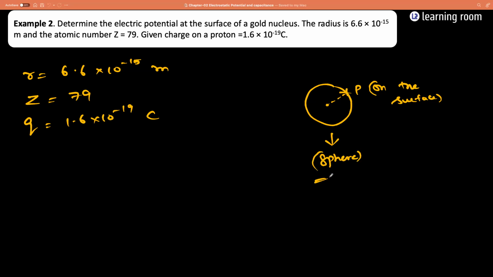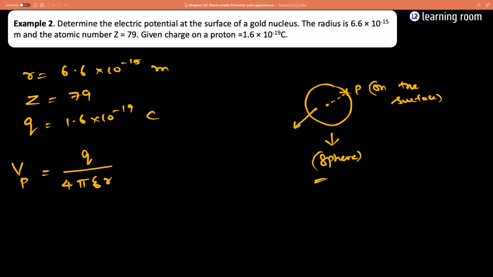Now tell me, what is the electrostatic potential due to a charge inside on the surface of the conductor? It's a constant. So potential at point P, can I say it is going to be Q divided by 4 pi epsilon naught into R, where Q is the amount of charge that is present inside the nucleus.